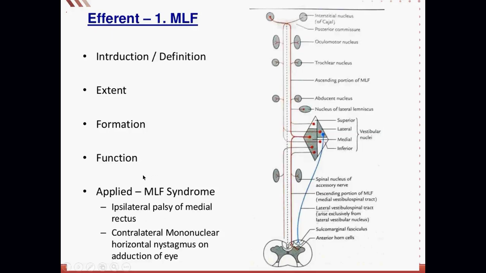Applied aspect related to the medial longitudinal fasciculus: there is ipsilateral palsy of the medial rectus muscle, and contralateral monocular horizontal nystagmus on adduction of the eye.